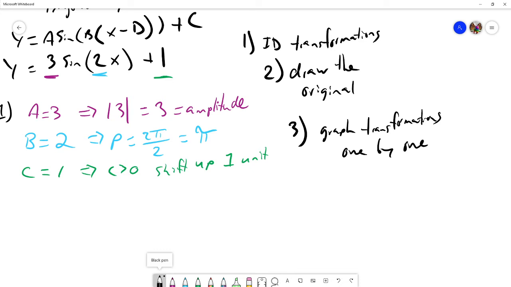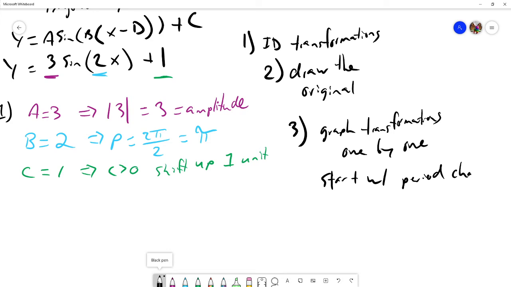So the order of procedure, how I like to think about it, is start with the most complicated and end with the easier ones. So the two most complicated changes are going to be the period change and the horizontal shift. So I recommend that you start with either the horizontal shift or the period change.